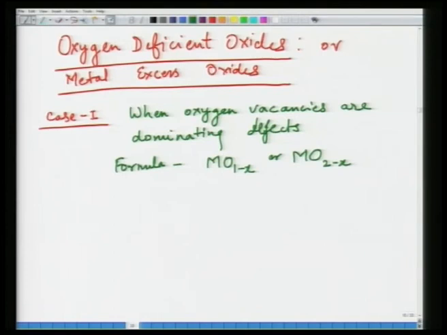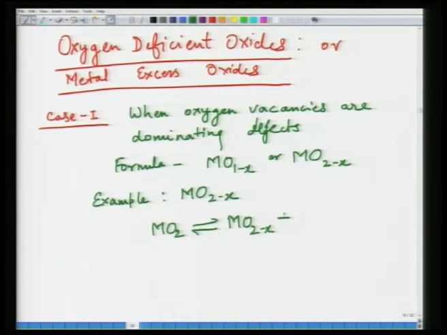So, the overall reaction in this case would be, if I take MO2 minus X, the reaction would be MO2, which is the stoichiometric form, now becomes MO2 minus X plus half O2 multiplied by X. So, this much oxygen has gone out of the system.